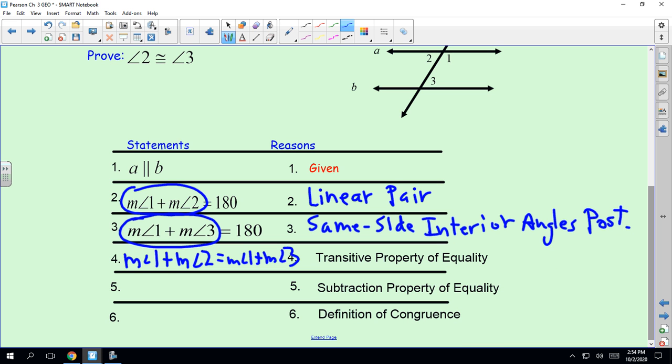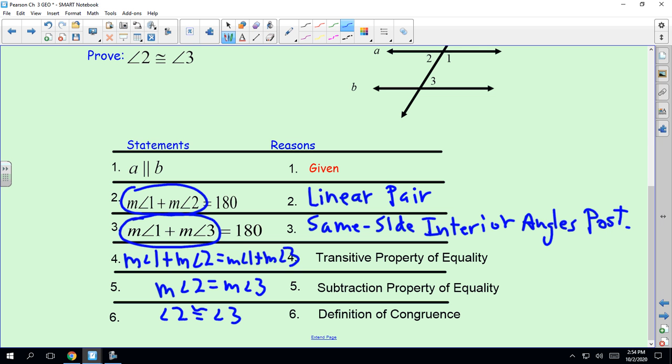If I subtract off angle 1, measure of angle 1 from each side, I get the statement measure of angle 2 equals measure of angle 3. That's the subtraction property of equality. And then the definition of congruence says if the measures of the angles are equal, so if each of the measures were, say, 50 degrees, then their size would be congruent. So we'd say angle 2 is congruent to angle 3.